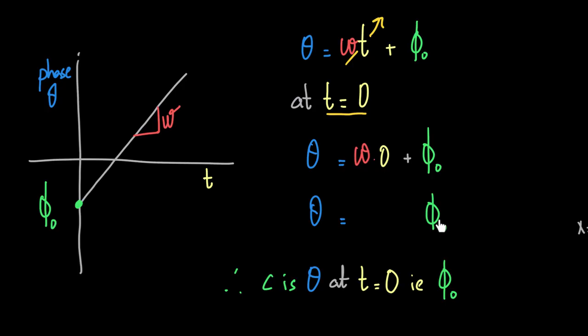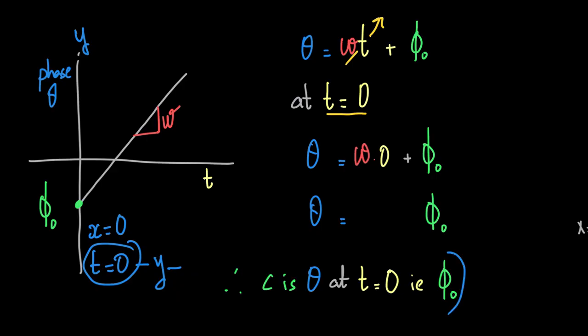So what is phi 0? Phi 0 is the value of theta at t is equal to 0. In this graph, on the y-axis, what is the value of x? The value of x is equal to 0. What is x? X is t. So when t is equal to 0, the value of y is what we call phi 0.